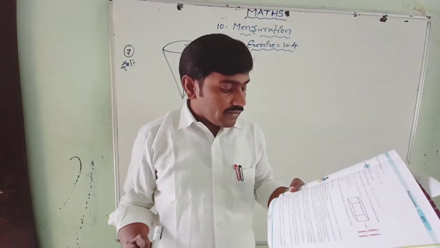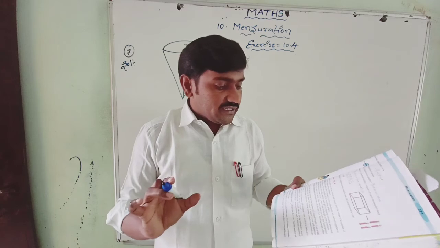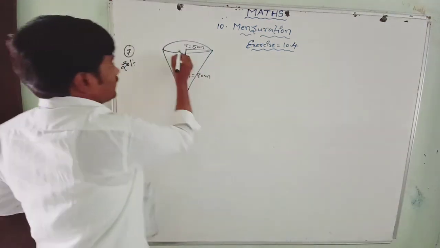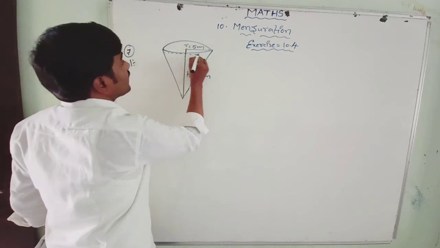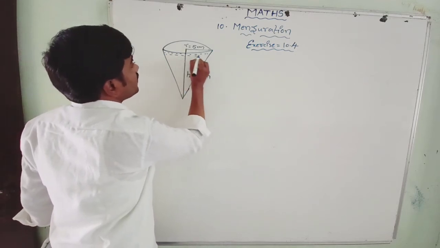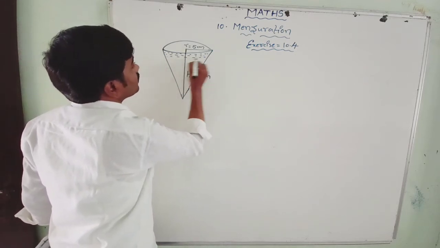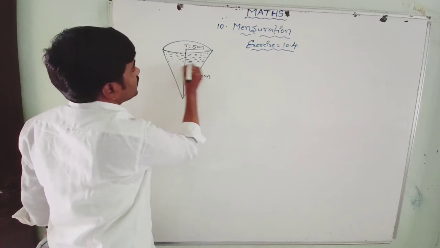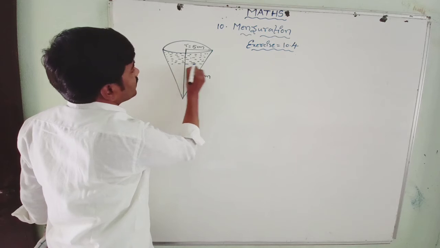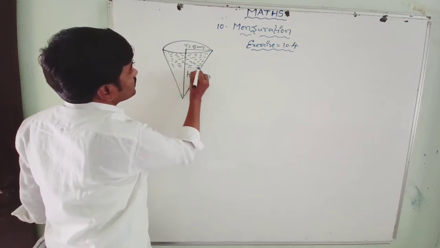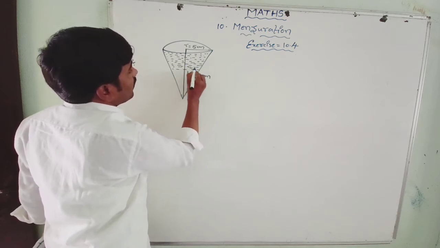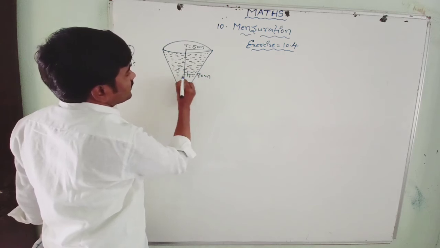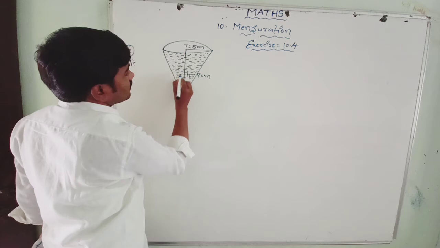Now if it is filled with water up to the rim, up to here, it is filled with water. It is filled with water up to the rim. So this vessel is completely filled with water till here.